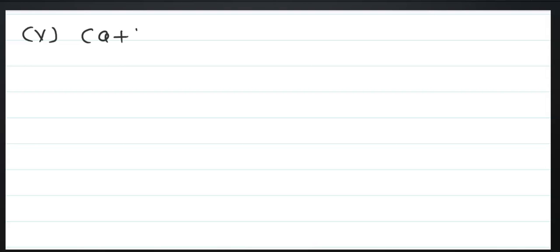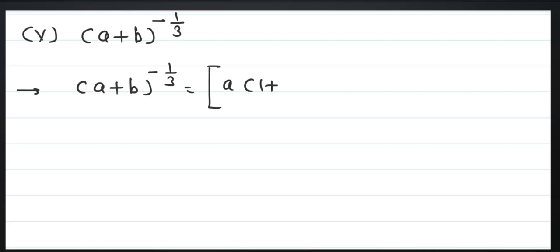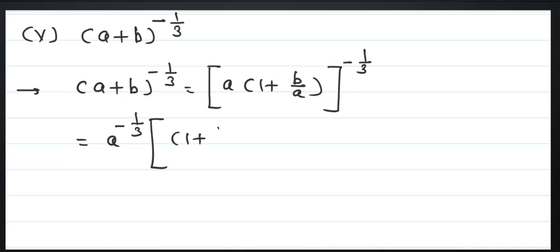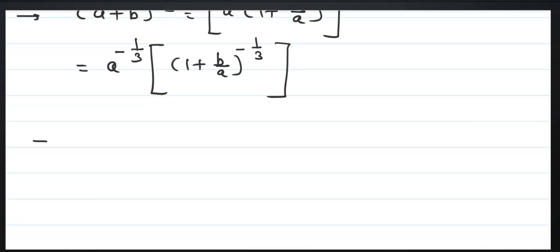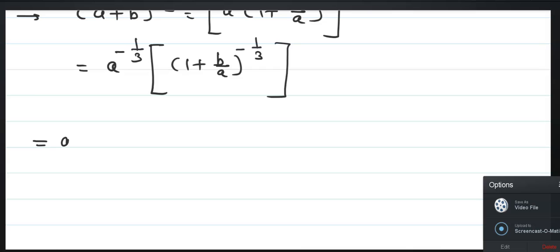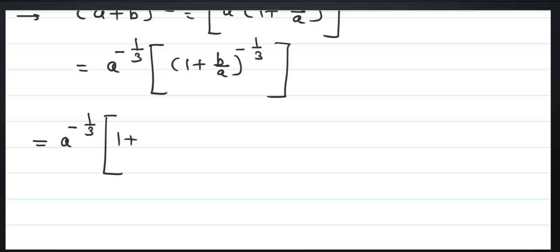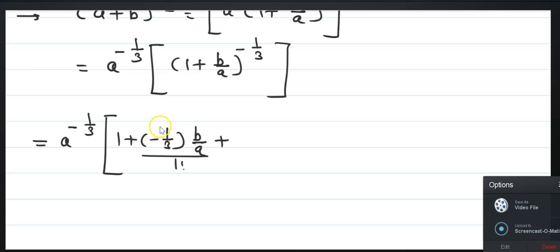Now the next, fifth question. Now here is A plus B bracket raised to minus 1 by 3. A plus B bracket raised to minus 1 by 3 is equal to A in bracket 1 plus B upon A raised to minus 1 by 3. Therefore, that is equal to A raised to minus 1 by 3 in bracket 1 plus B upon A raised to minus 1 by 3. Therefore, A raised to minus 1 by 3. Now the next terms are like this. 1 plus minus 1 by 3 into B upon A upon 1 factorial.